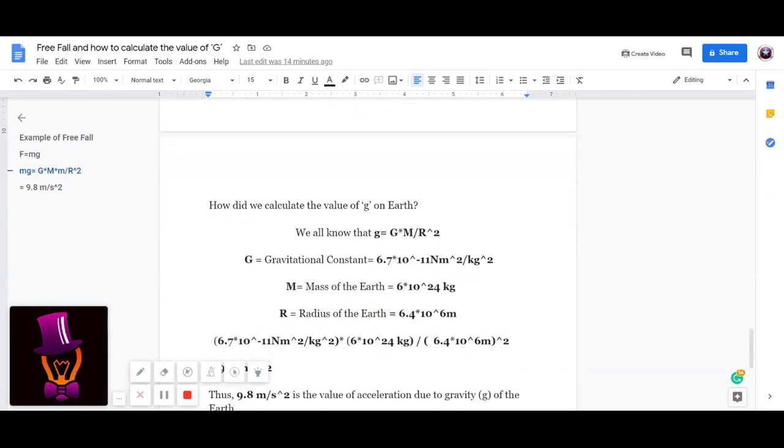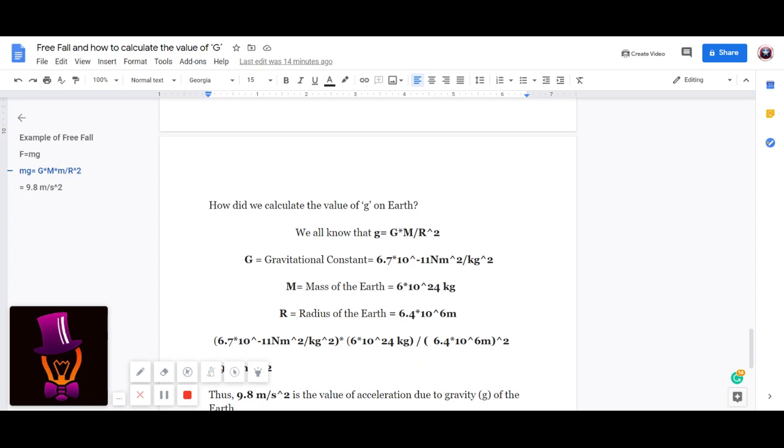How did we calculate the value of g on Earth? We all know that small g is equal to capital G into capital M by r square. Here capital G, the gravitational constant, is equal to 6.7 into 10 to the power minus 11 newton meter square per kg square.